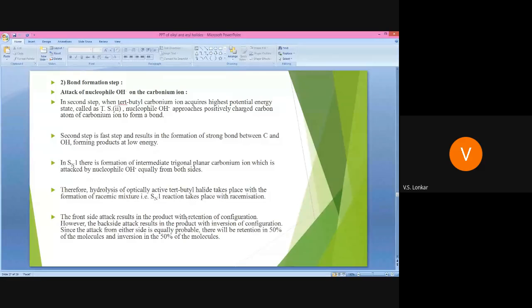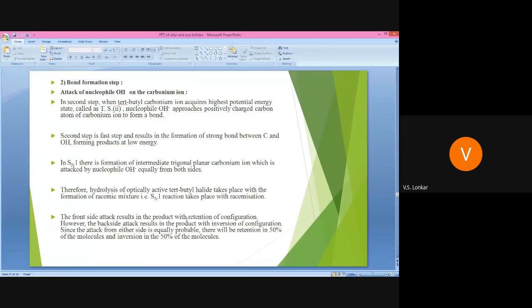But remember what I say: in most cases, generally there is inversion in the SN1 reaction. No doubt the carbocation is planar and the nucleophile has both sides for attacking, but still it forms inversion of configuration. Why does inversion take place?